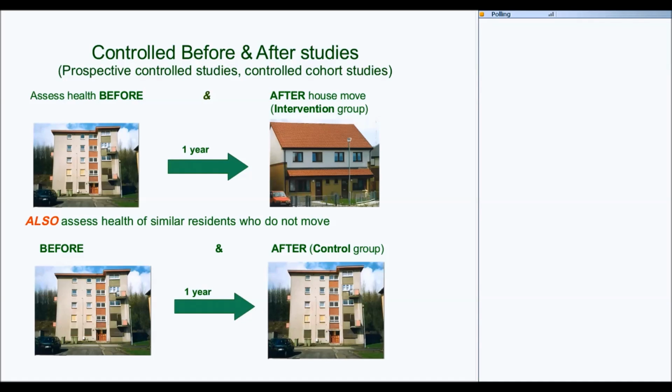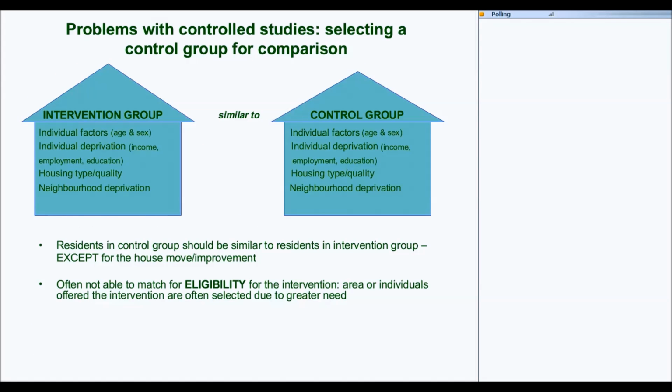The difficulty with controlled before and after studies is getting a control group which is genuinely similar to the intervention group. Because often the people who are selected for the housing improvement are selected for that improvement for a reason.